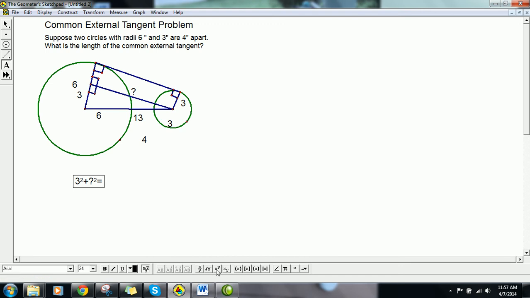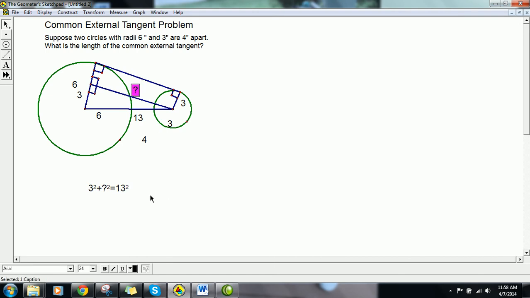That's by the Pythagorean theorem. So based on this right triangle that I created, I can solve for the leg, not the hypotenuse, by using the Pythagorean theorem. And this leg here is the same as the length of the common external tangent, because that's a rectangle. Those two are the same.